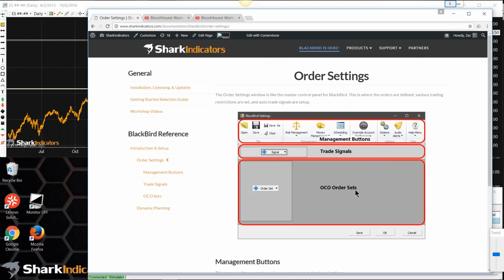Last week we talked about the OCO order sets section. This is where you define how your orders are going to behave: whether you're entering as a market order or limit order, and that's where you set your profit target and your stop losses.